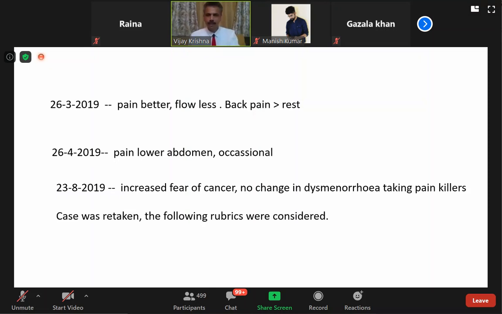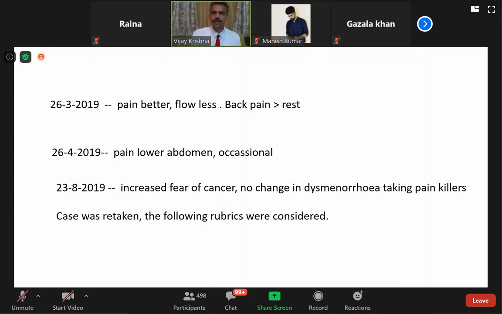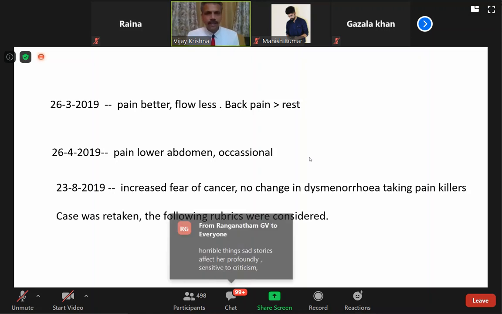Pains, the dysmenorrhea, there's absolutely no change. Now, why she rescued us was she started fearing cancer, and dysmenorrhea, she continues to take painkillers. That's when the case was retaken, and I have given you the case which was retaken. That was the case that we retook, and now you please give me your analysis.